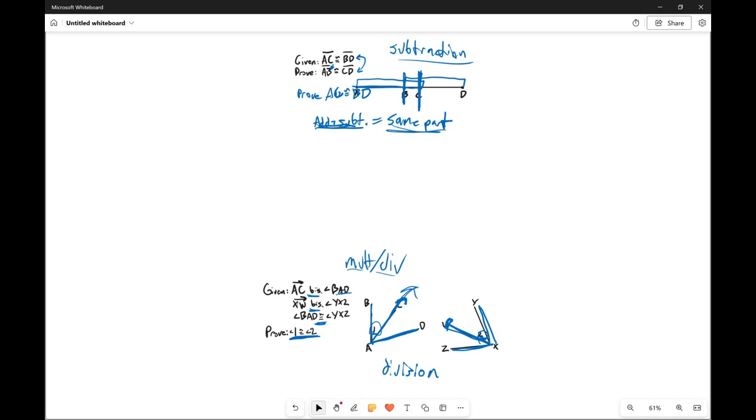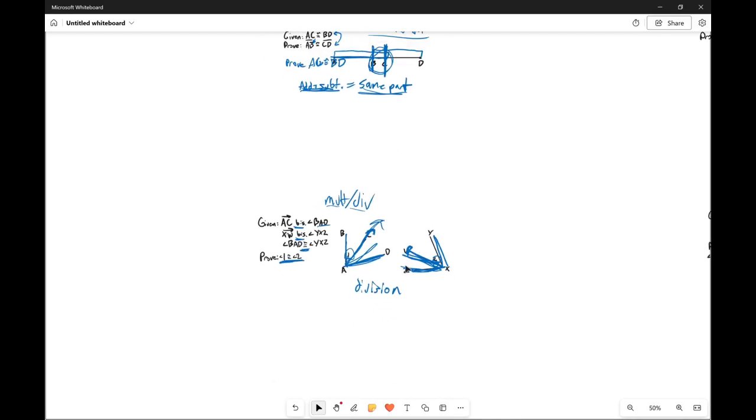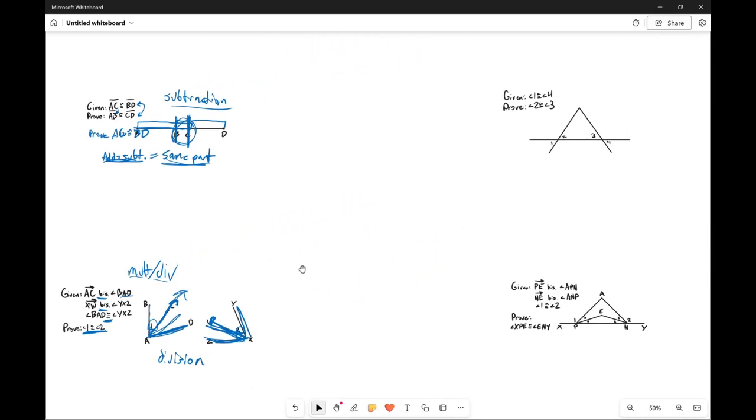In this case, they're not the actual same parts that you're subtracting. You're subtracting a whole different angle, like these whole different angles, it's not the same part like this BC here. They're a whole different thing.